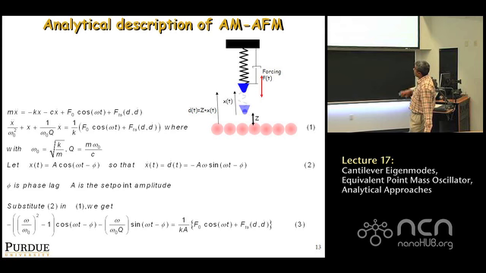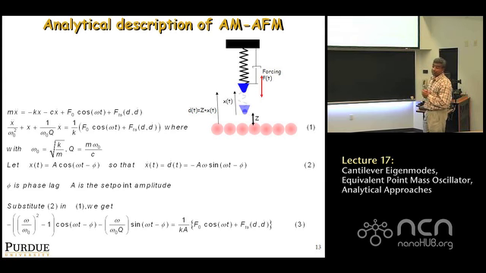Now remember, I've chosen the solution to be A cosine of omega t minus phi, okay? Which means that phi is the phase lag. It's not the phase lead, it's the phase lag, okay? Very important distinction. You need to be very careful in your AFM analysis about whether your AFM system plots phase lead or phase lag, because interpretation flips depending on what you do. Here I've defined phi as a phase lag because many AFM systems actually plot it as phase lag.